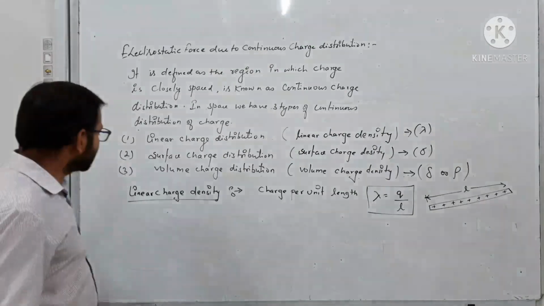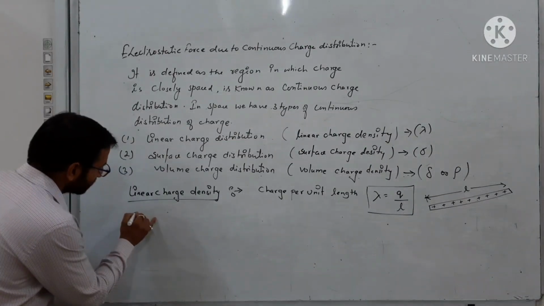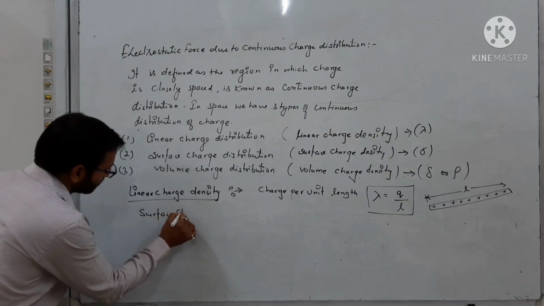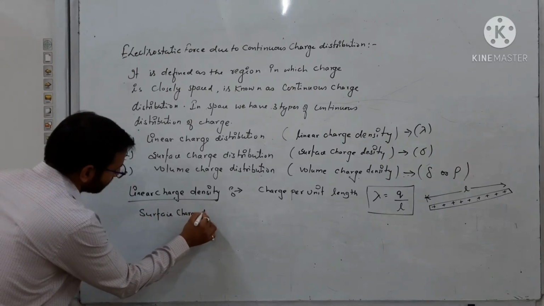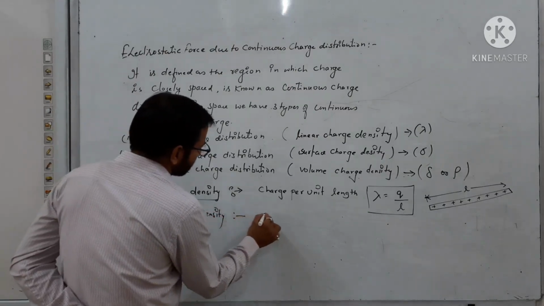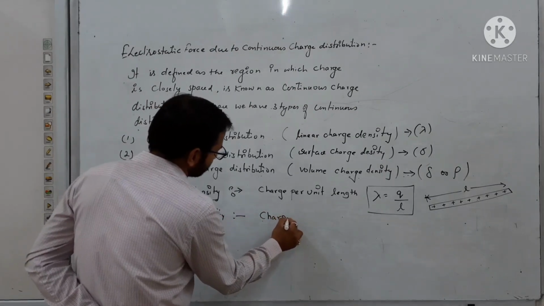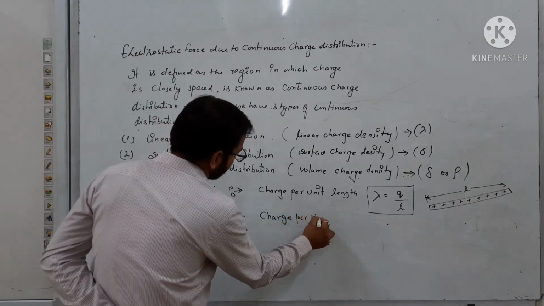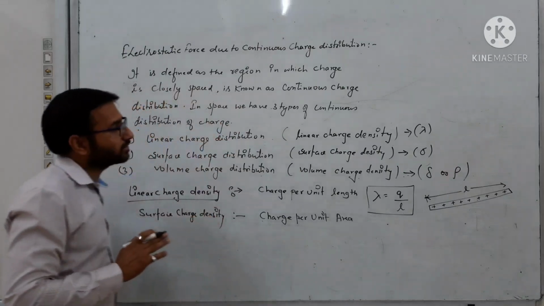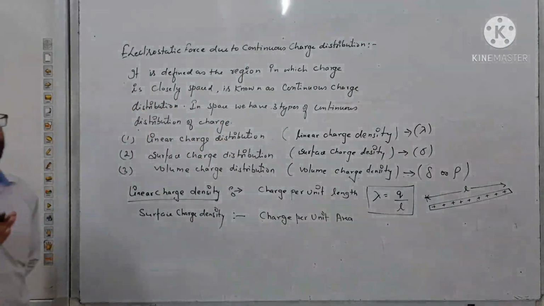After that, we talk about the surface charge density. Surface charge density means charge per unit area, where we are talking about the distribution of charge.